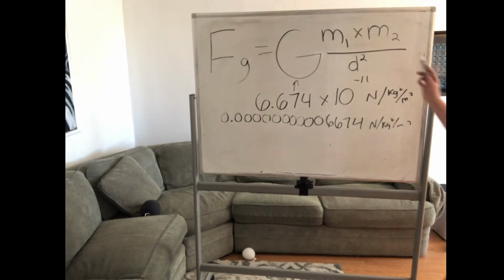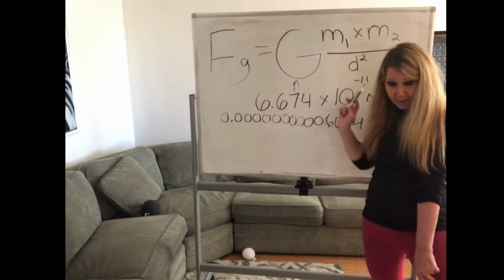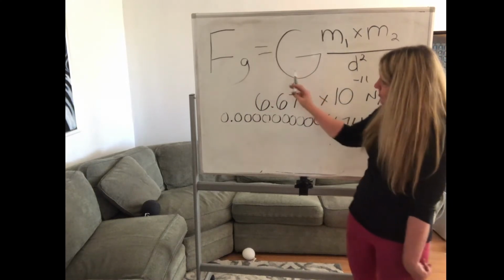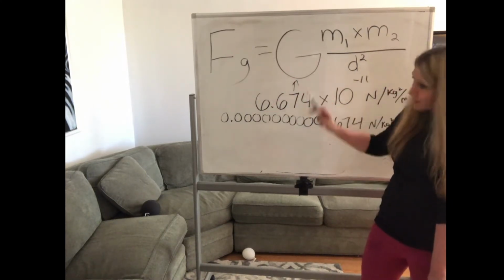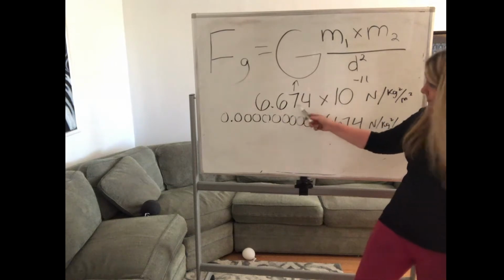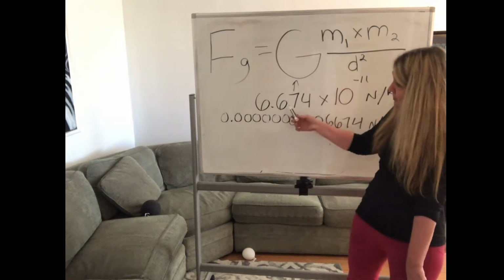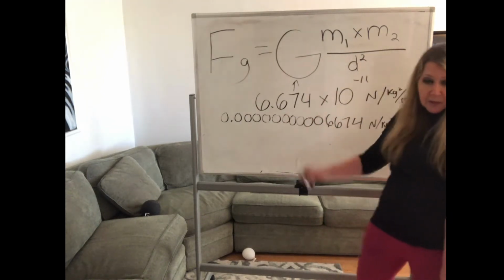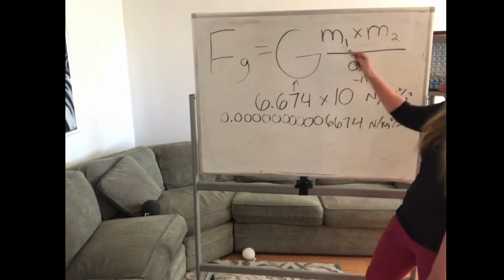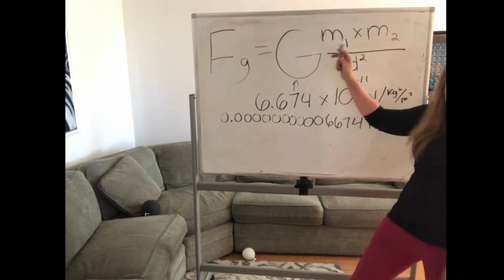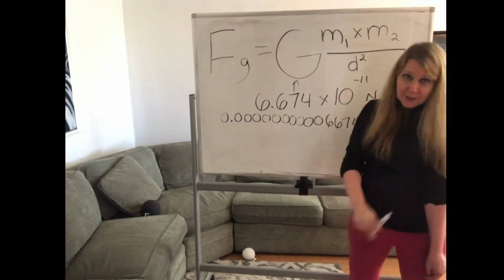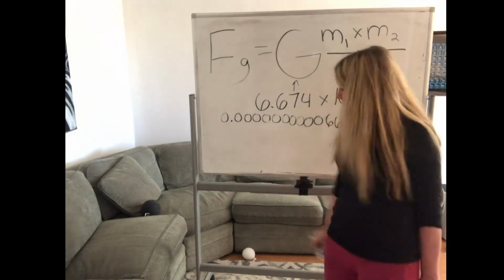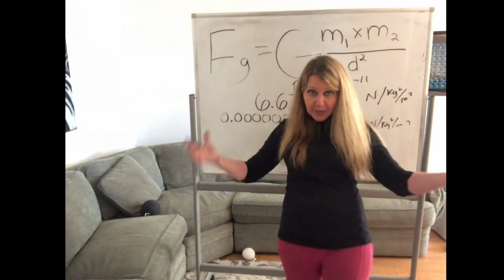So this is the formula for gravity, force of gravity. It's Fg equals the gravitational constant, which is 6.674 times 10 to the negative 11 newtons per kilogram squared per meter squared, times the mass of the first object times the mass of the second object, divided by the distance squared. So let's look at an example of how to use this.